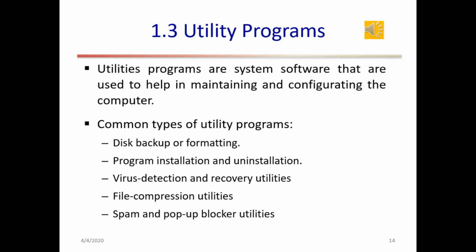By spam, we mean the unwanted messages or emails that you may receive, like advertisements. So you can use these utility programs to protect your computer against this type of messages.